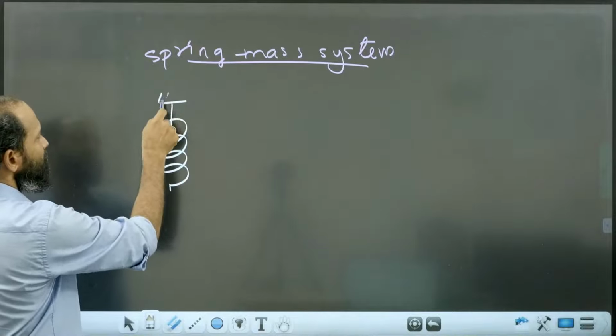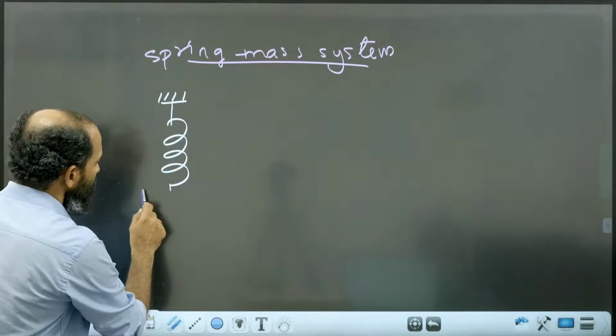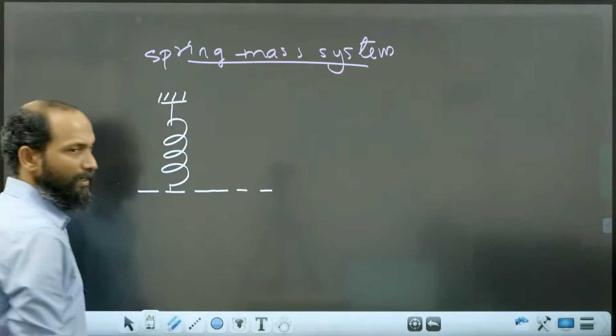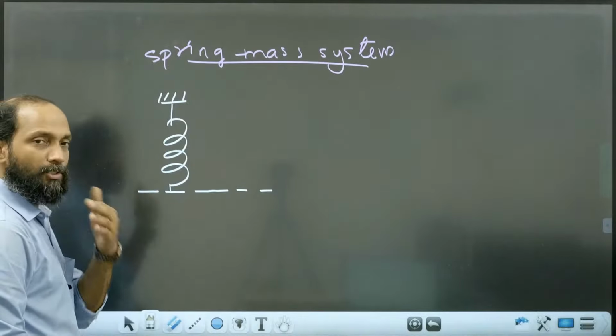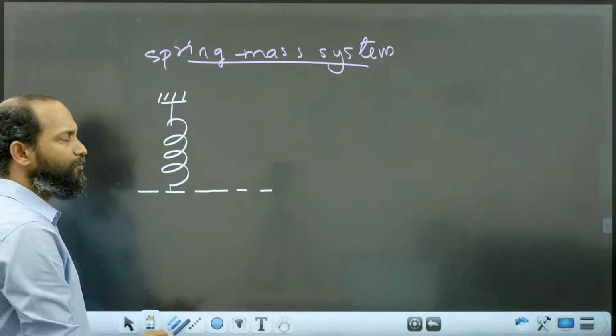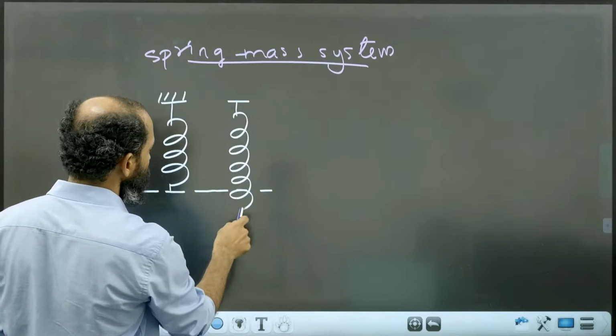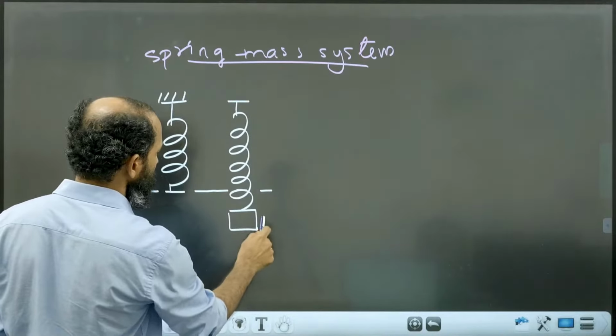A massless spring when suspended has no mass, and also there is no mass attached, so it doesn't have any extension. An unloaded spring has no extension. Now you load it by using a mass at its end. Let that mass be M.